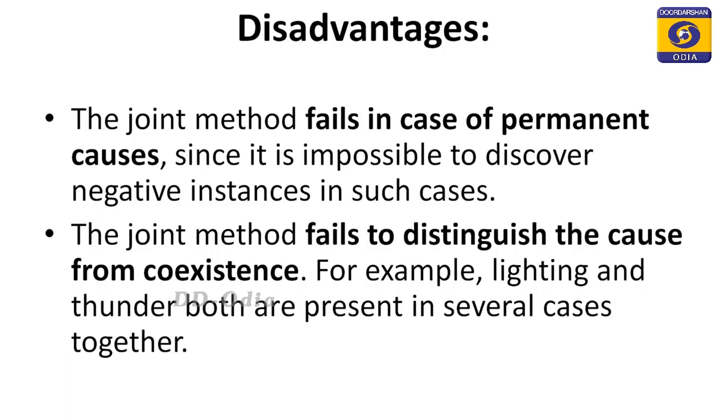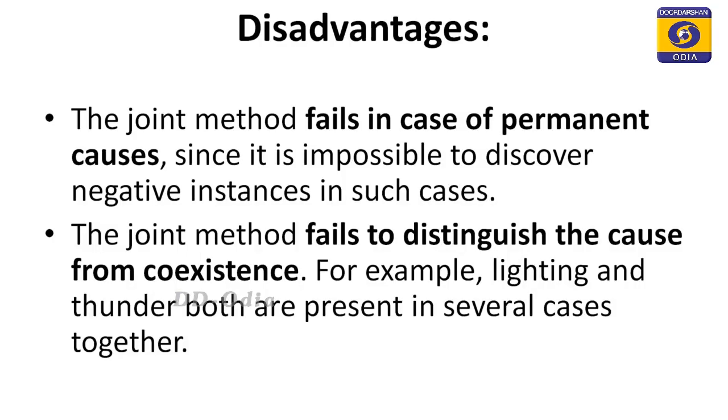Now, disadvantages. The first point of disadvantage is that the joint method fails in case of permanent causes. As you know, the method of difference was incapable of being applied in case of permanent causes. This is also the case where the joint method cannot be applied.